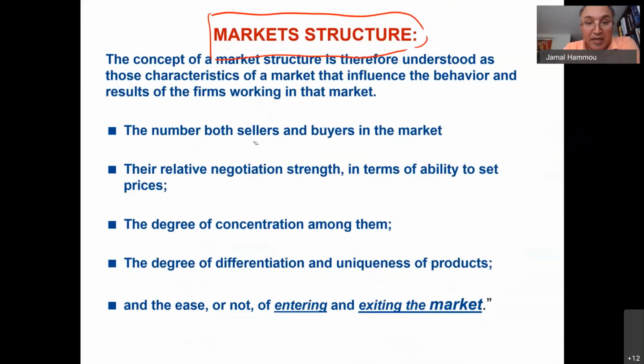If I'm going to the market, I see if I have a lot of competitors in the market or not. If I'm selling, I see how many people are buying the product from me. And vice versa. If I'm going to buy something in the market, I ask myself, are there many people who want this product as I do? Or am I the only one buying the product? If I'm the only one, I have a little bit of negotiation power. I can negotiate the price. For example, when one company comes up with a drug, they have buyers.